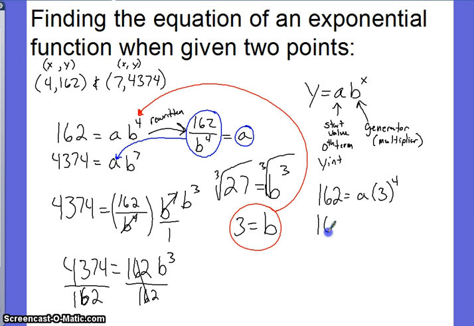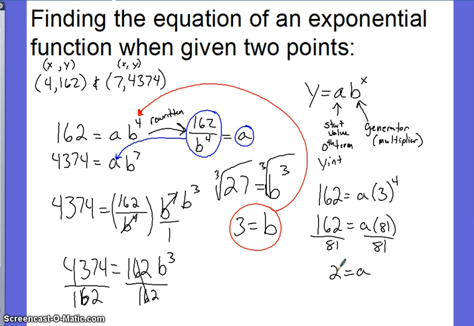So I get 162 is equal to a times 81, since 3 to the 4th is 81. Divide by 81 on both sides, and I find that a is 2. So now I have a and b.